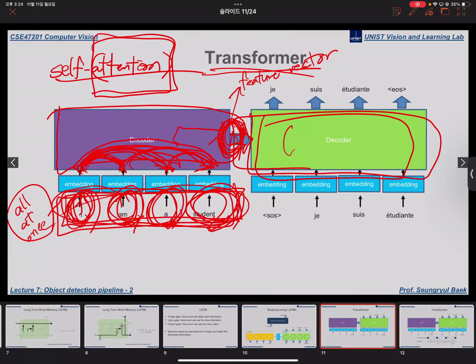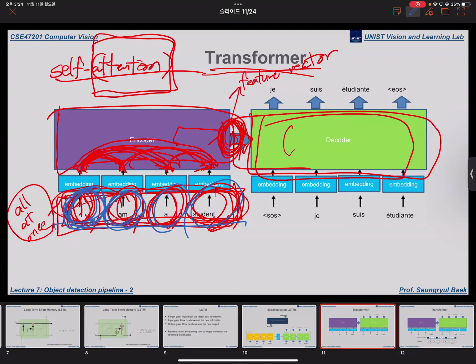But one thing I missed is that because they obtain this input signal all at once, we somehow don't know which word is first and which word is next. I mean, I precedes the M in the sentence, right? But because we input these words at the same time, we don't know which word is first and which is next.